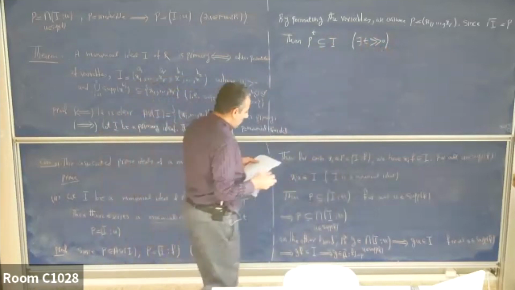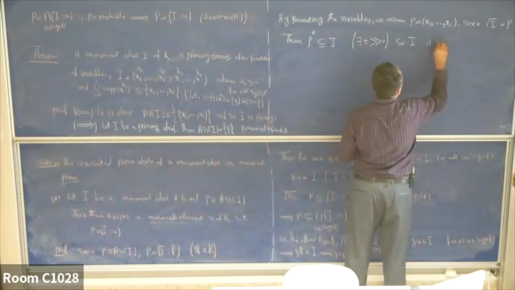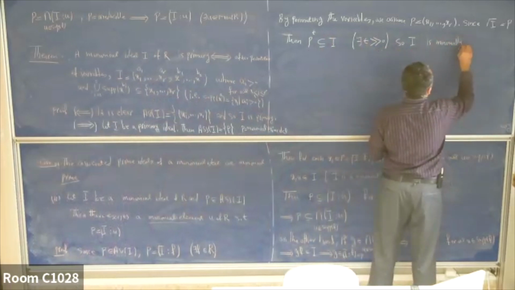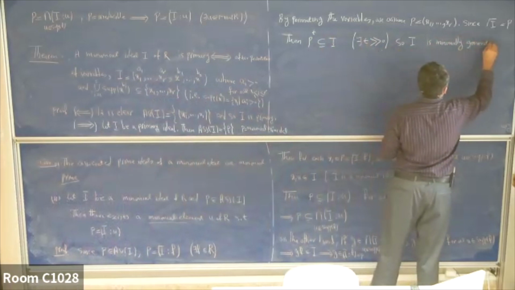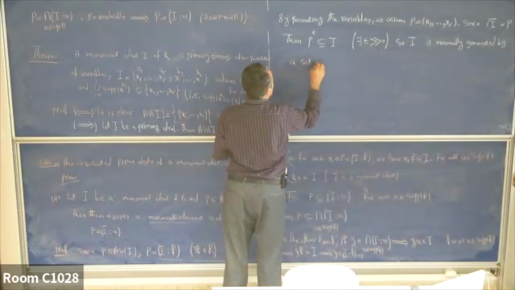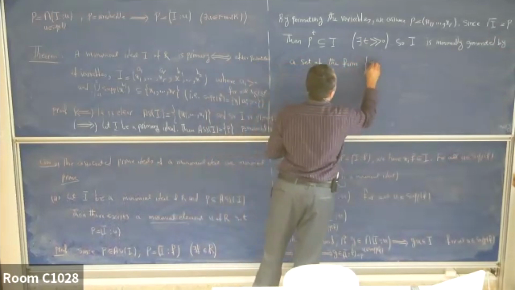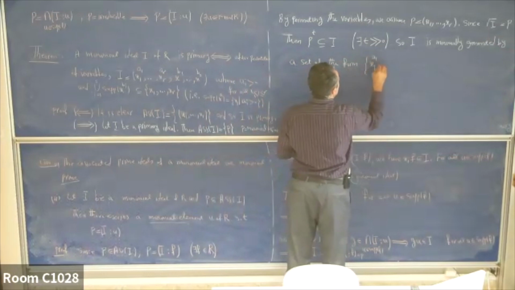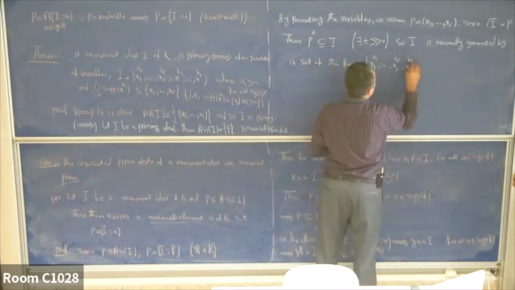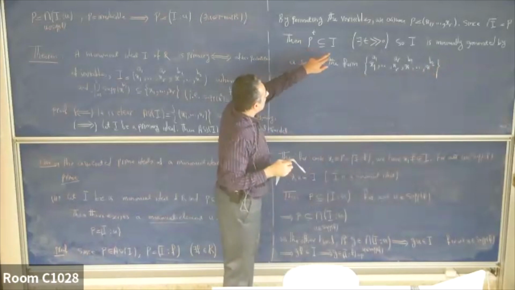So I is minimally generated by a set of the form x1^r1, xr^rr and x^b1, ..., x^bs, because I power t contains here.